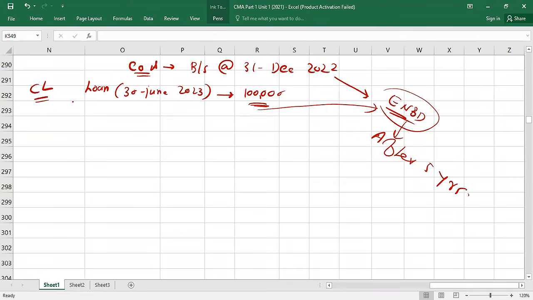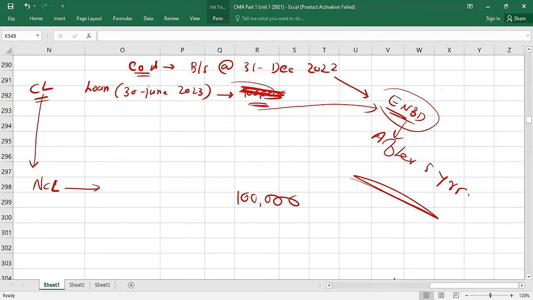If the company has the intention to refinance and has executed its intention, even though the money is not yet transferred, we can still classify this current liability as non-current. I can remove it from here and put it under non-current liabilities as 100,000 if these two conditions are met.